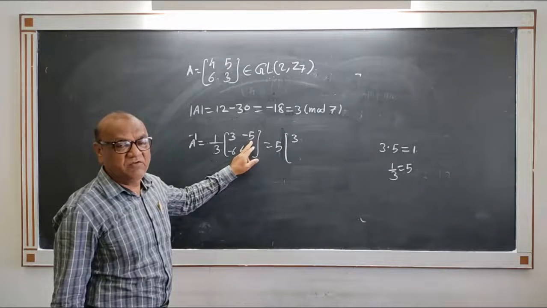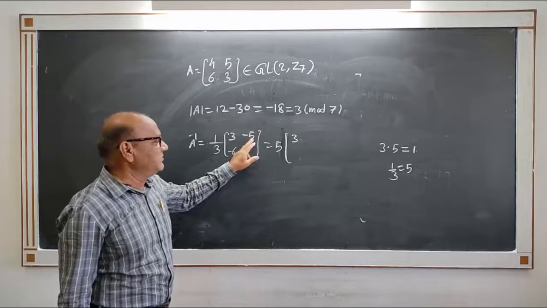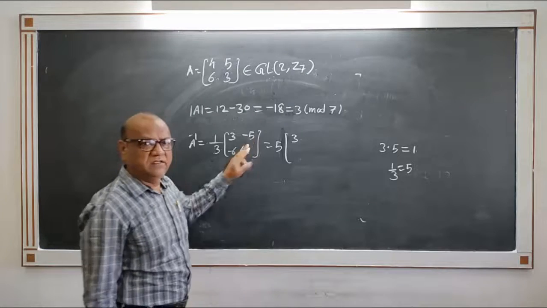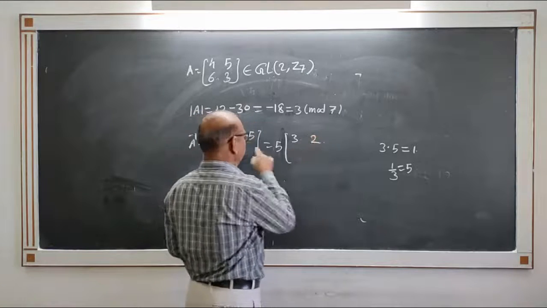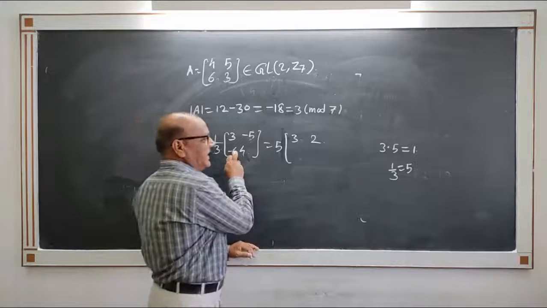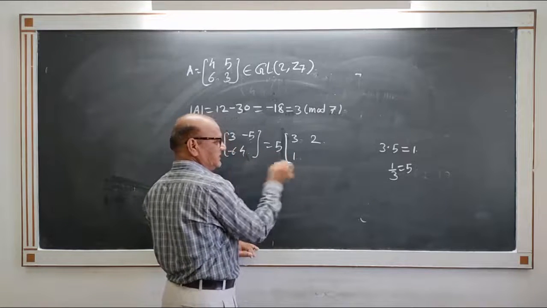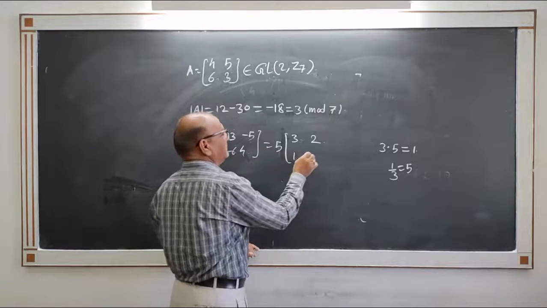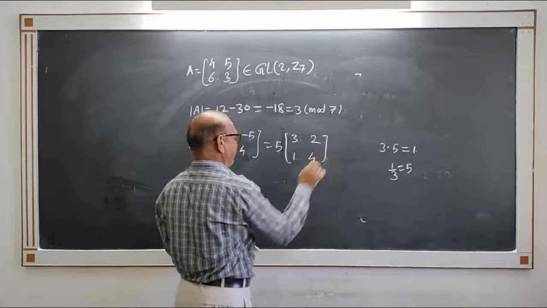Minus means additive inverse. The additive inverse of 5 in Z7 is 2, because 5 plus 2 is equal to 0. Similarly, the additive inverse of 6 is 1, and of 3 is 4.